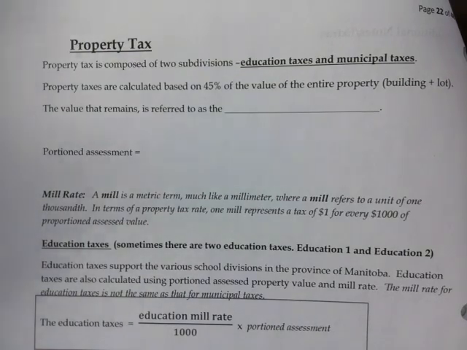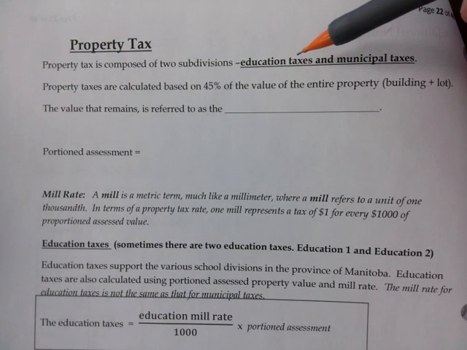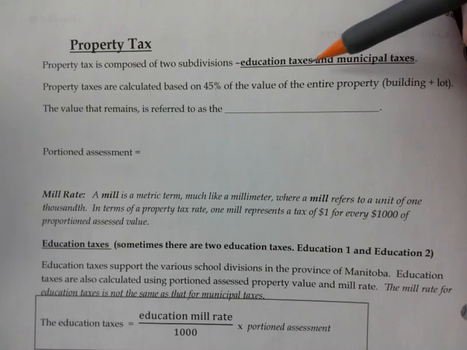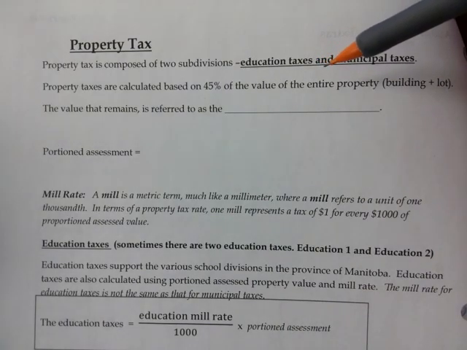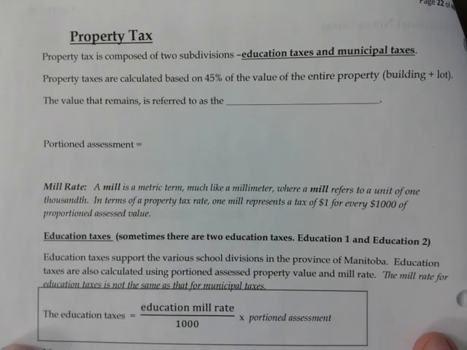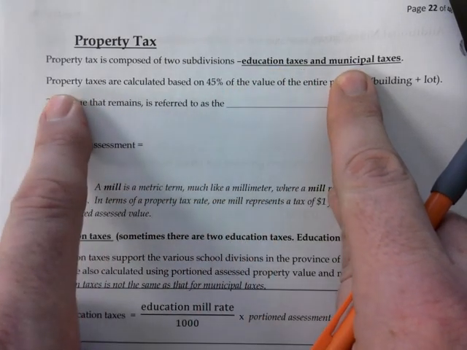How are you gonna charge? Because somehow you have to fund education. They're gonna come up with the money somehow, right? So I don't know about that, but we still have these two portions, okay?